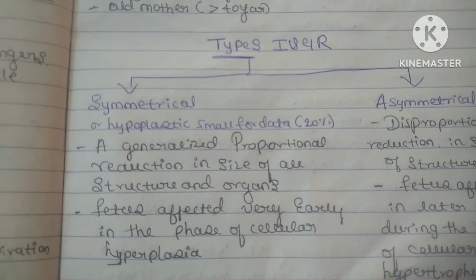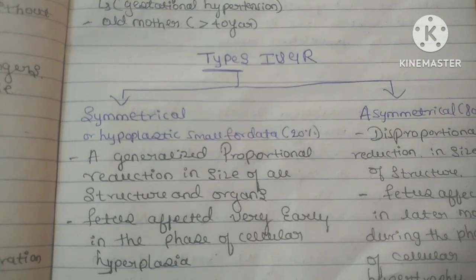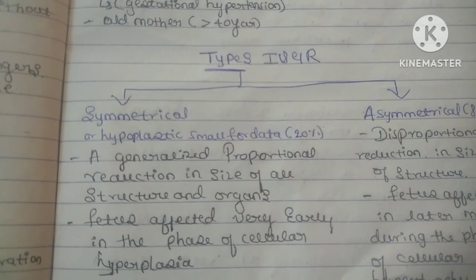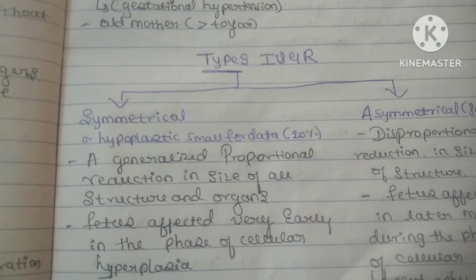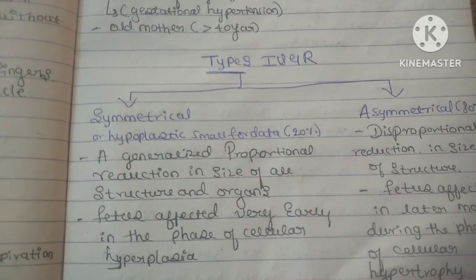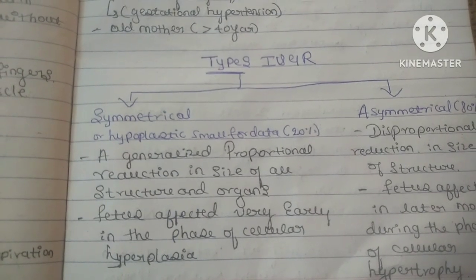It is only 20%. Generally there is a proportional reduction in the size of all structures and organs. The fetus is affected very early because cell division occurs in the early phase. It is also called cellular hypoplasia.